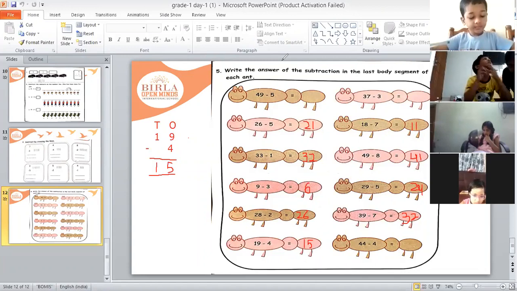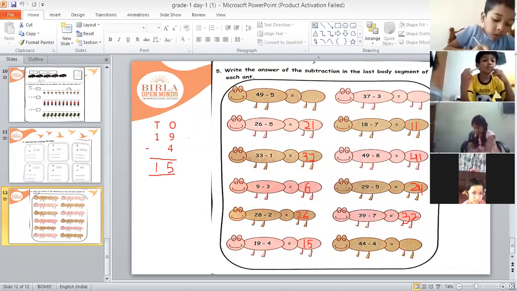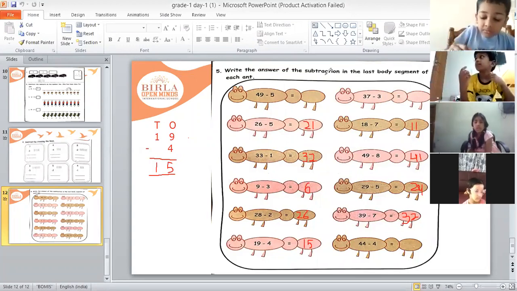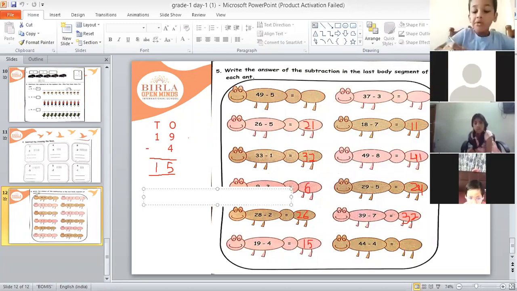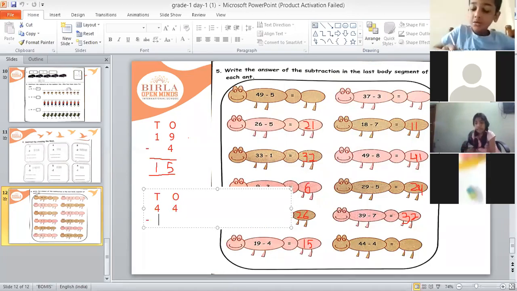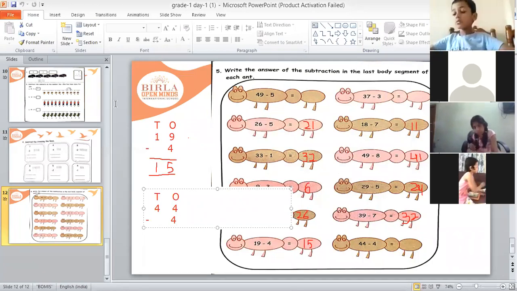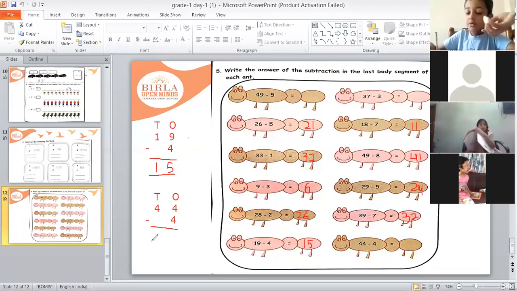Swarnika, last question. Read. Yes, ma'am. 44 minus 4. Children, keep on writing this in your math notebook. Okay, so this is 44 minus 4. Yeah, this is correct. Now, Swarnika, tell me what are the numbers in ones place?